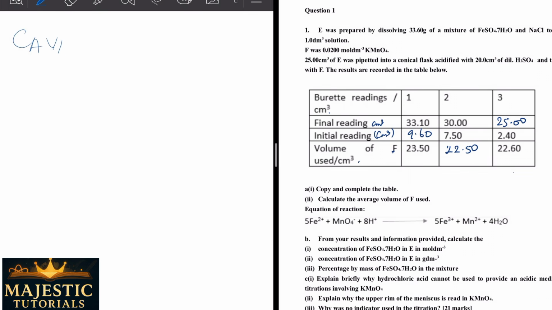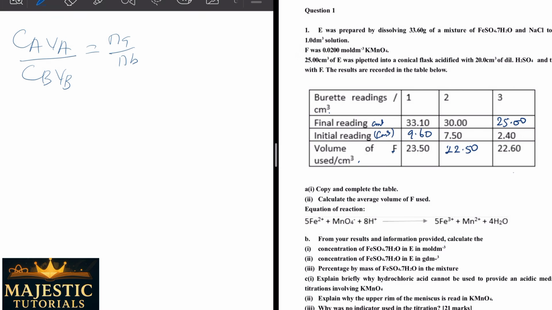This formula, CAVA over CBVB equals NA over NB. But in this question, they are speaking in terms of what? E and F. Therefore, we will have CEVF in that order, because they are talking about F now. But remember, it's the same thing.